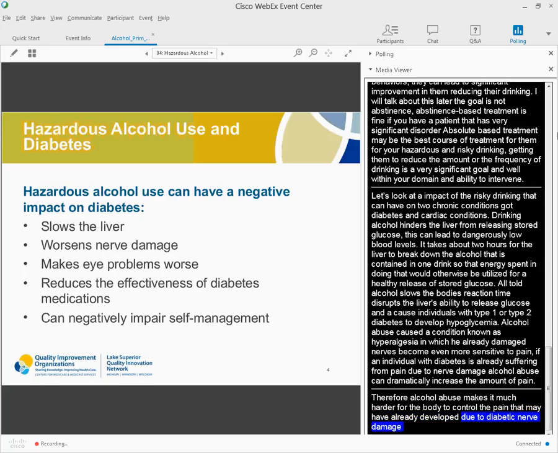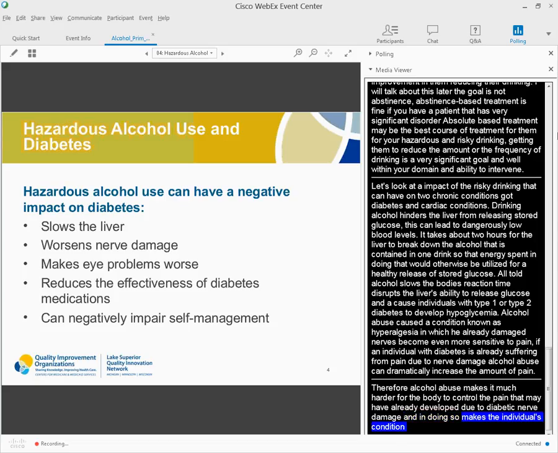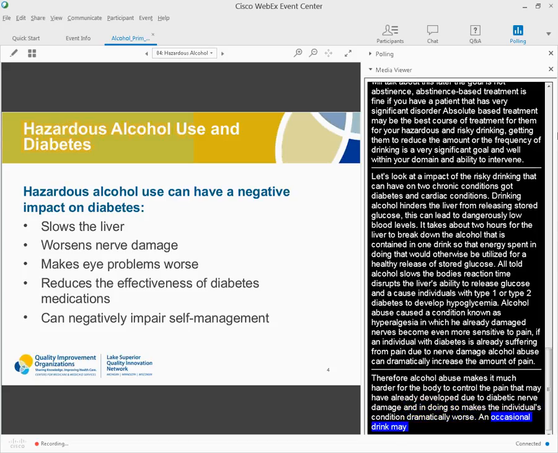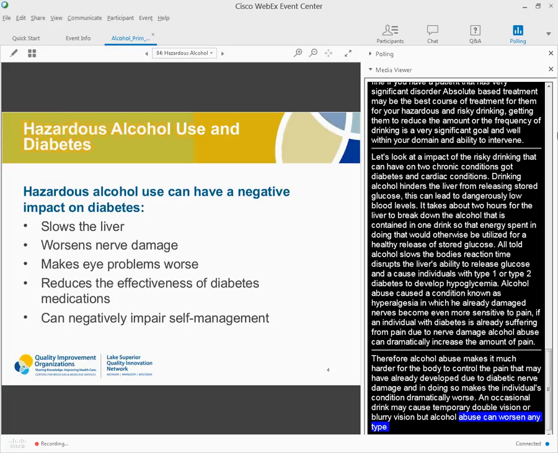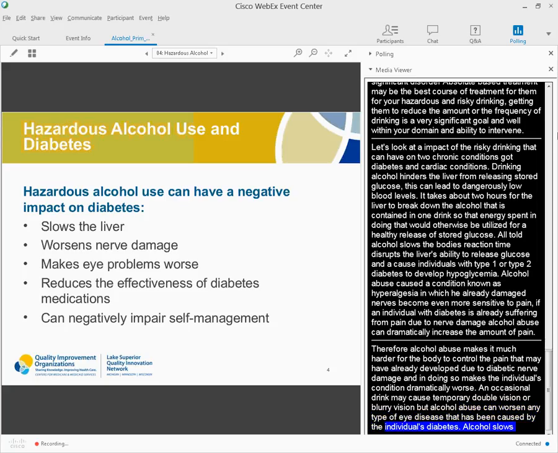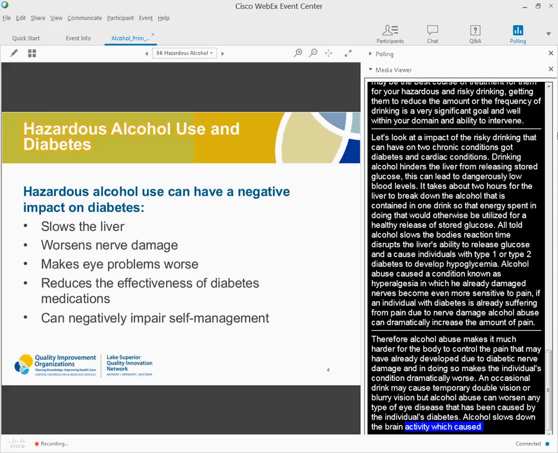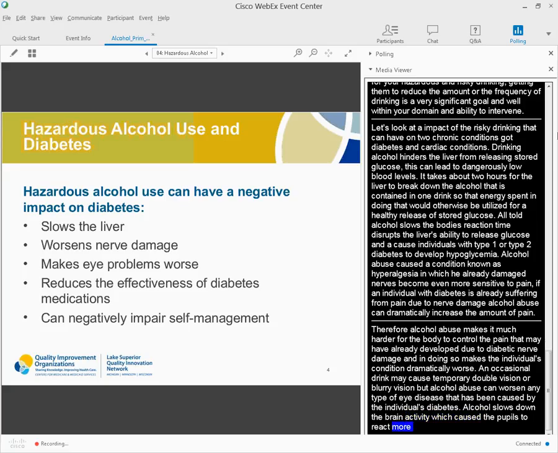An occasional drink may cause temporary double vision or blurry vision, but alcohol abuse can worsen any type of eye disease that may have been caused by diabetes. So alcohol slows down the brain activity, which causes the pupils to react more slowly, and this alters their ability to widen or constrict properly.